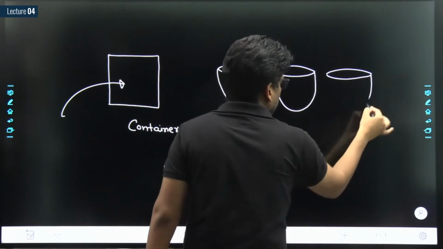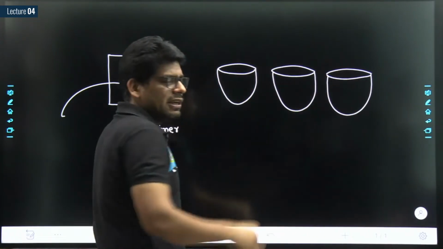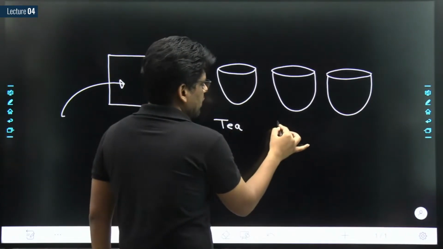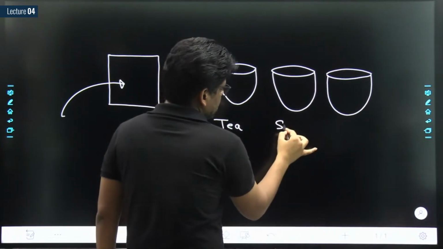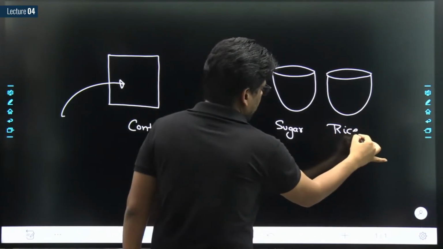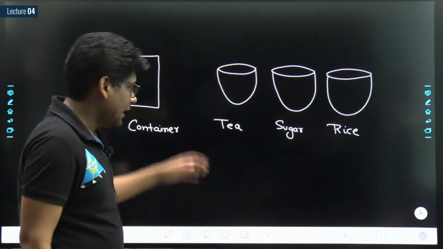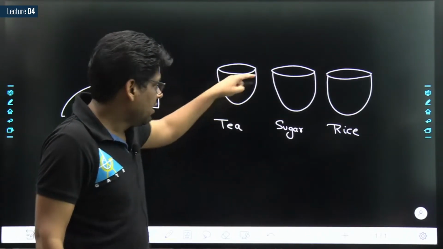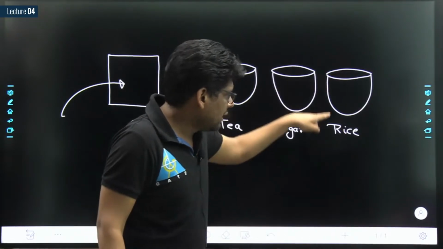Sir, we have containers in the kitchen. Let us suppose this container contains tea, this contains sugar, and this contains rice. As of this month, the first container contains tea, second container contains sugar, third container contains rice.